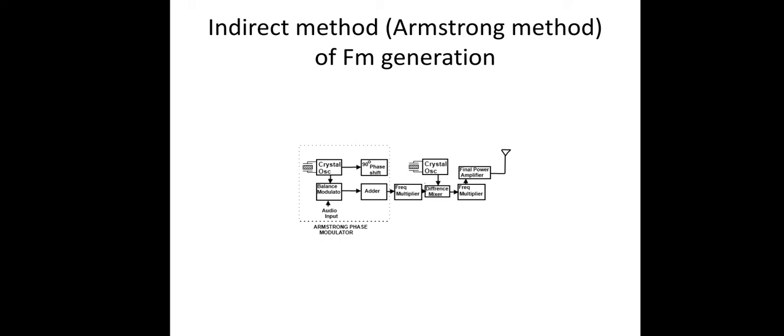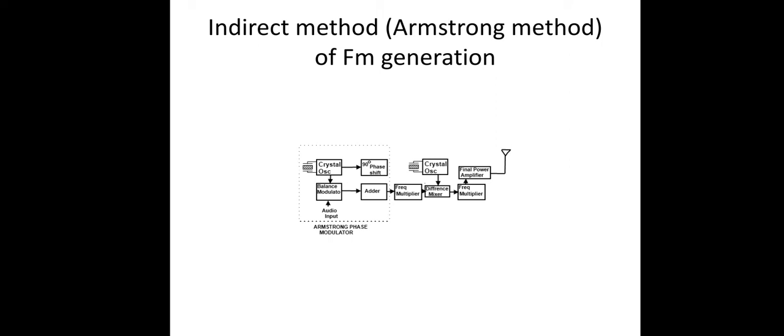The carrier signal is applied to the balanced modulator, along with the audio input. After a 90-degree phase shift, the audio modulating signal is passed through the integrator circuit before it is applied to the modulator, and at the output of the balanced modulator, two sidebands are obtained with the carrier suppressed.